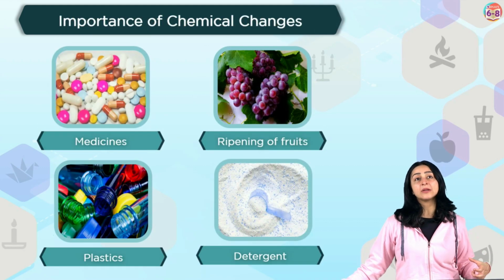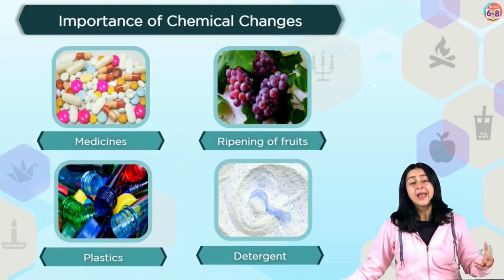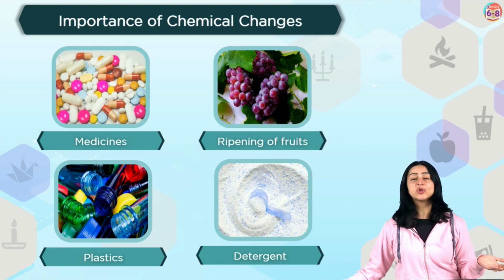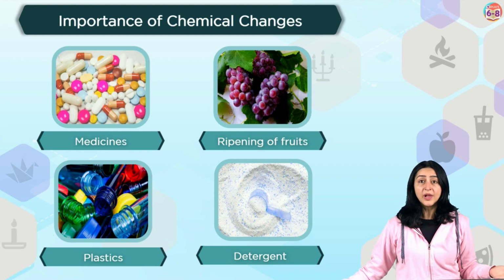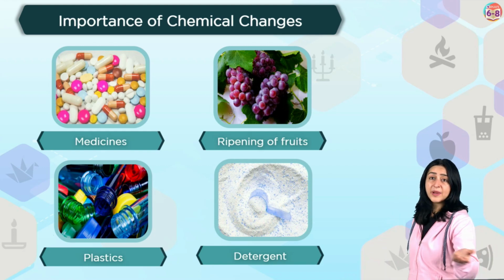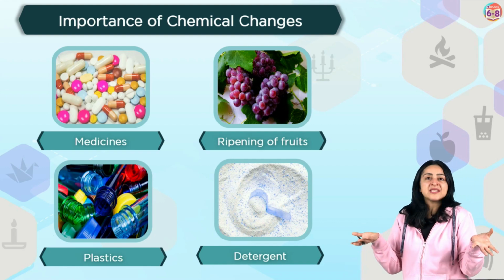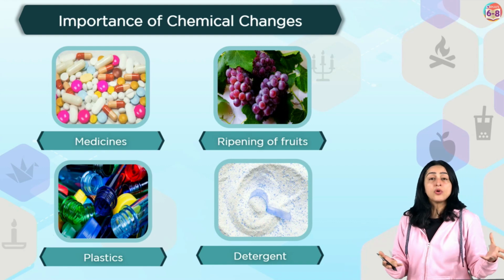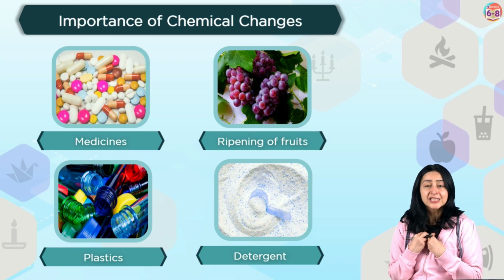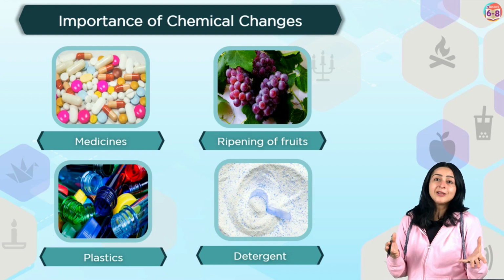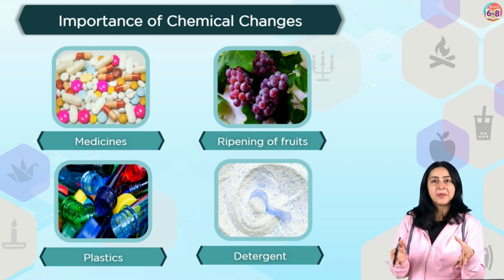So when we're talking about the importance or how chemical changes can be used to our advantage, well, there are so many advantages. For example, we have medicines. You're creating medicines. You're taking two different substances. You're combining them to give you a medicine which is actually good for us. So this is a huge important thing, a huge benefit of a chemical change.